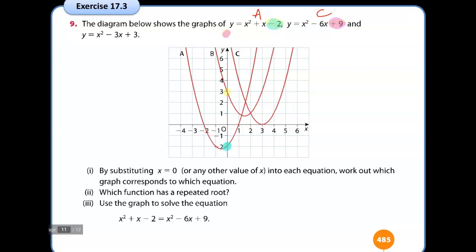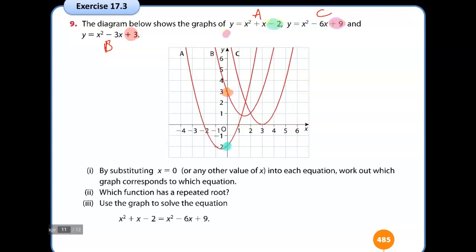We've got the plus 3 there. So that works, that fits. So that must be B. All I'm doing is looking at the constant. I'm not worrying about all the rest of it. The constant is where it crosses the y-axis. So it hasn't taken me very long. I haven't done any substitution or any solving algebra. I'm just looking at the structure.